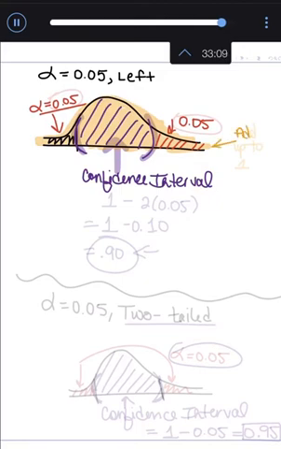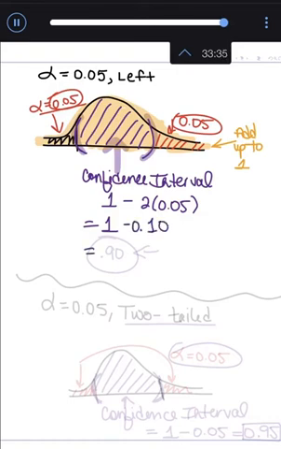So all of it together has to add up to 1. Well, I've already used up 0.05 on one end and 0.05 on the other. So what does that mean the middle has to be? It has to be 1 minus those two 0.05s, which means I'm saying 1 minus 0.10, which is 0.90. That's what I'm going to use as my confidence level.